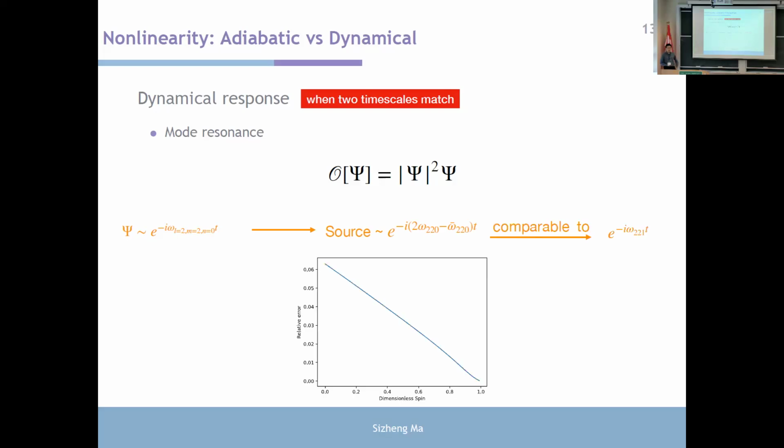This plot shows the relative error between this frequency component and the 2-1. As you can see, the relative error is always on the order of a few percent, and it vanishes in the extremal limit. So, as you can imagine, the 2-1 first overtone can be resonantly excited by this fundamental mode through this nonlinear coupling.